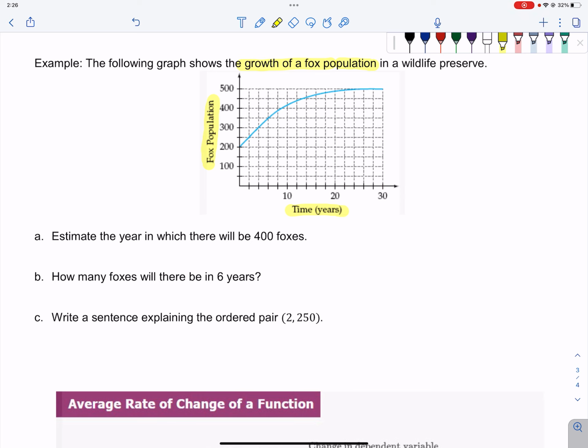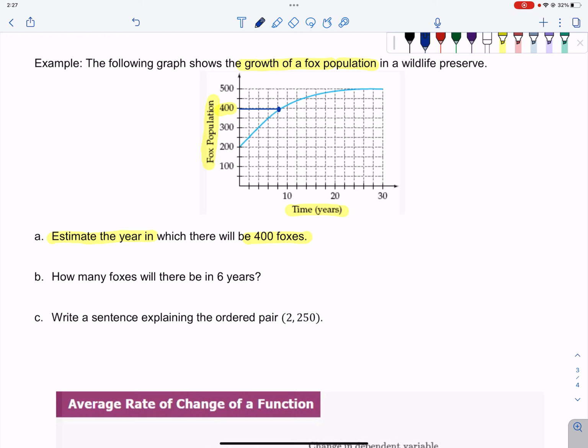The first one is asking us to estimate the year in which there will be 400 foxes. So on my graph, I'm going to take a look at 400 along the y-axis. Now I'm going to continue along there and see where that is approximately crossing on the graph.